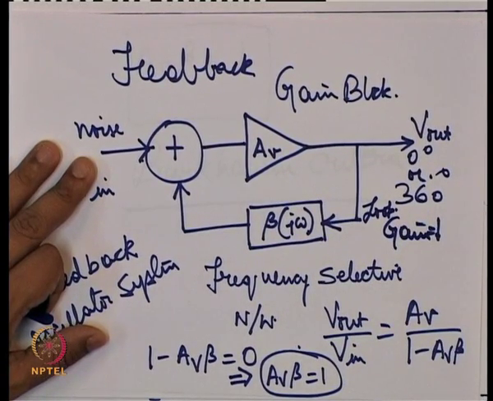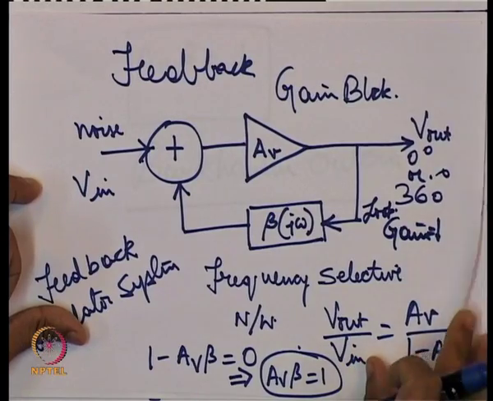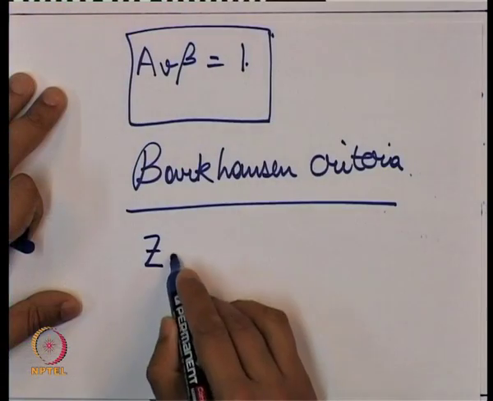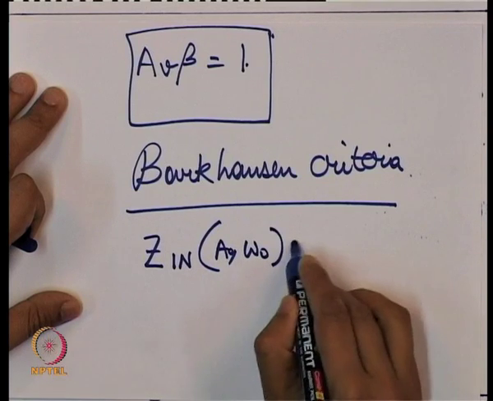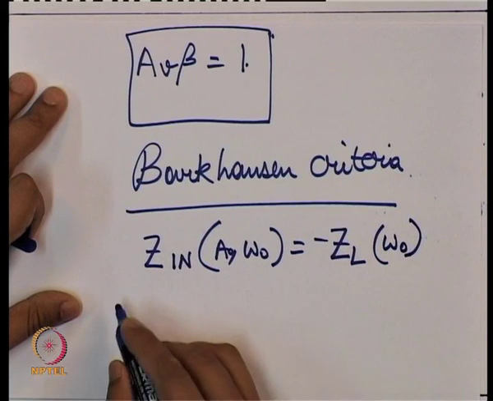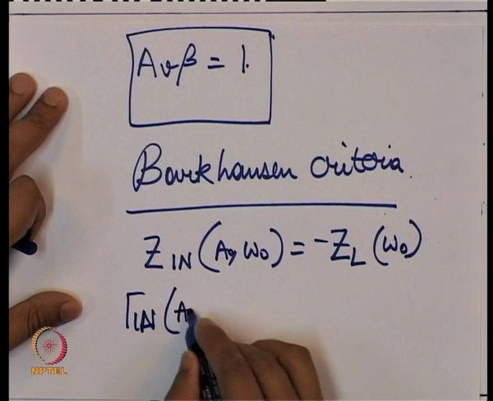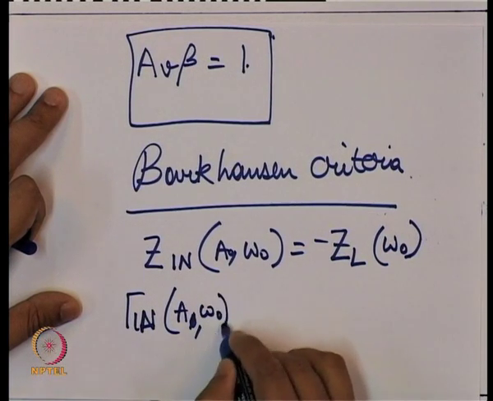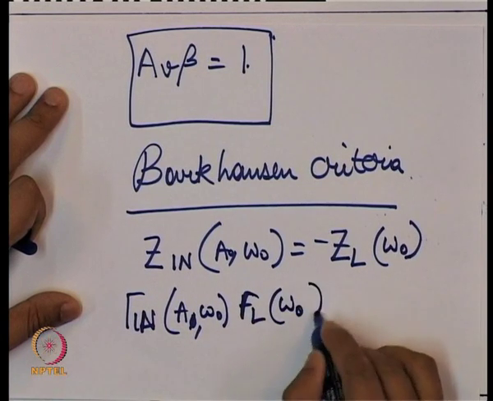Now, proceeding with this definition, let us see what else we can find. So, first we saw that our Z in, which is a function of omega 0 and A0, should be equal and opposite to ZL, and this in turn can be further reduced to 1.